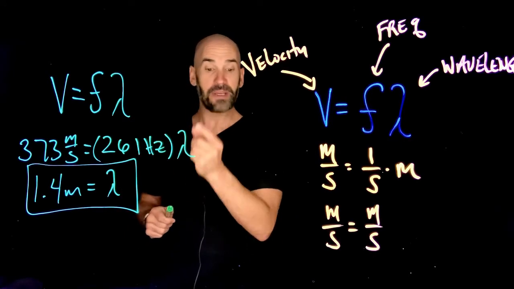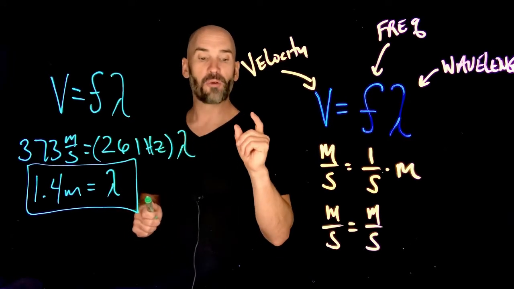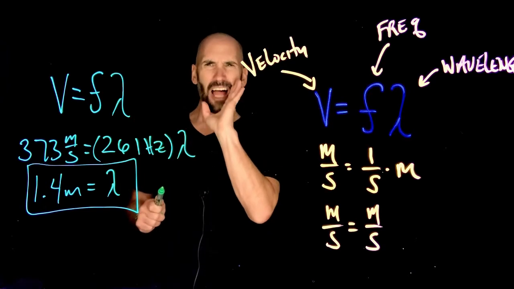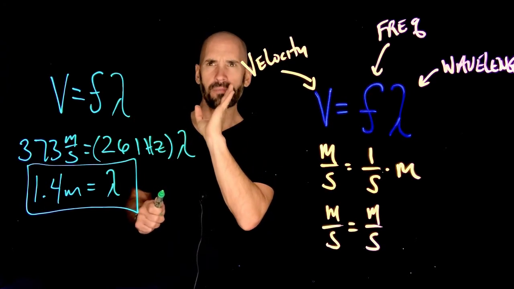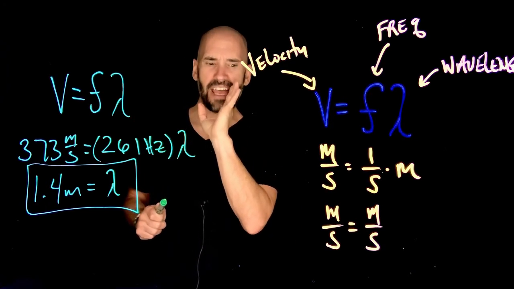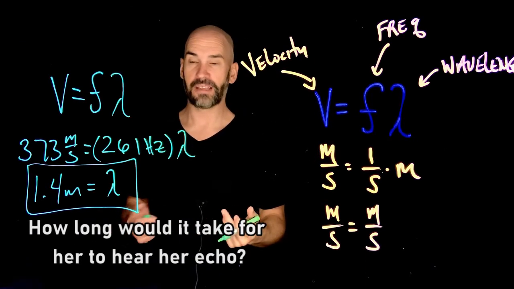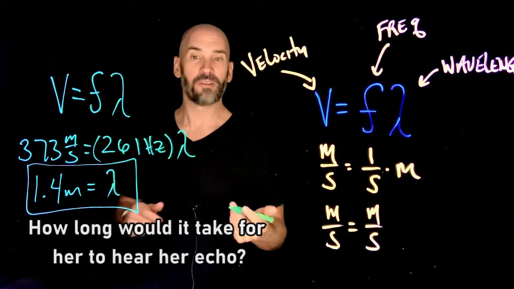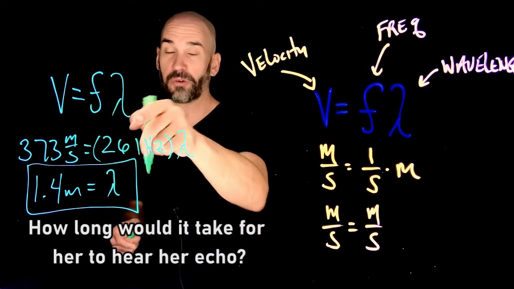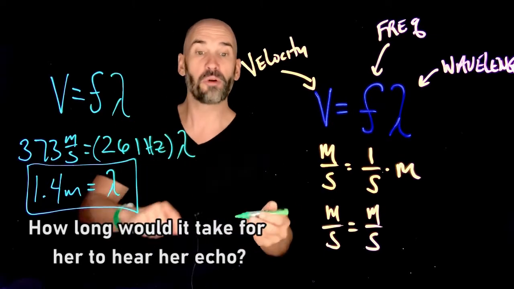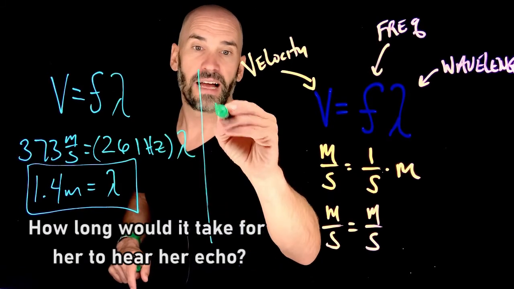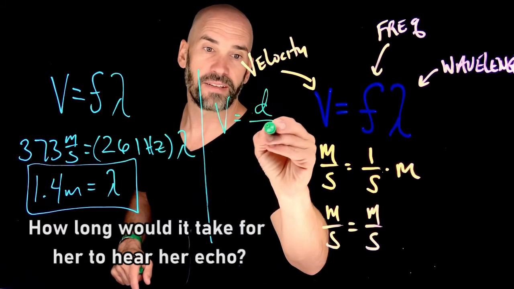Next question, part B. If she is in a 100-meter wide stadium and says, "Hello, San Diego," and she gets that echo, how long would it take for her to hear that echo? Well, we know that velocity equals frequency times wavelength, but we also know that velocity is equal to distance divided by time.